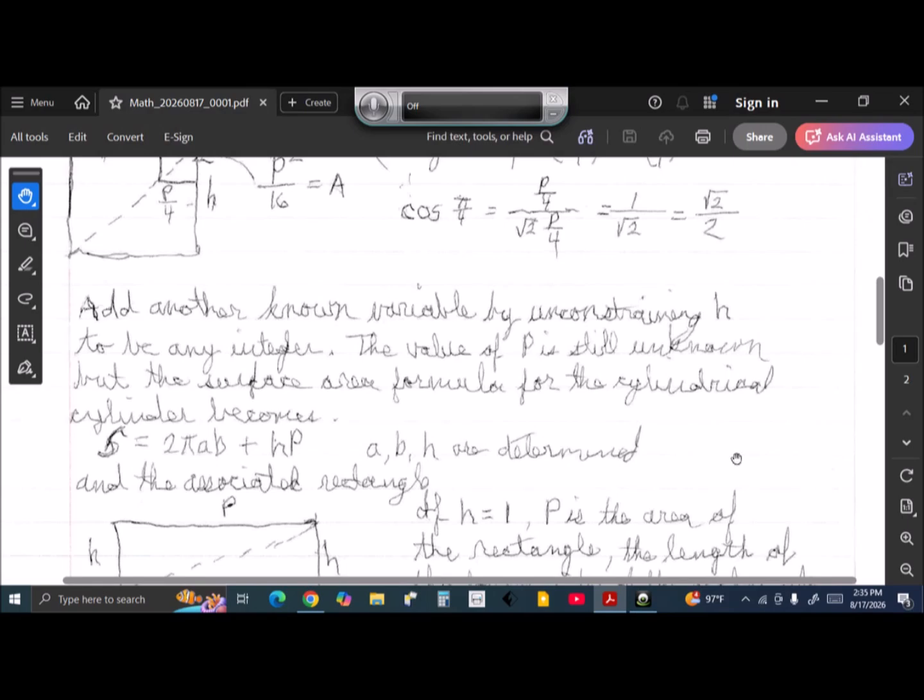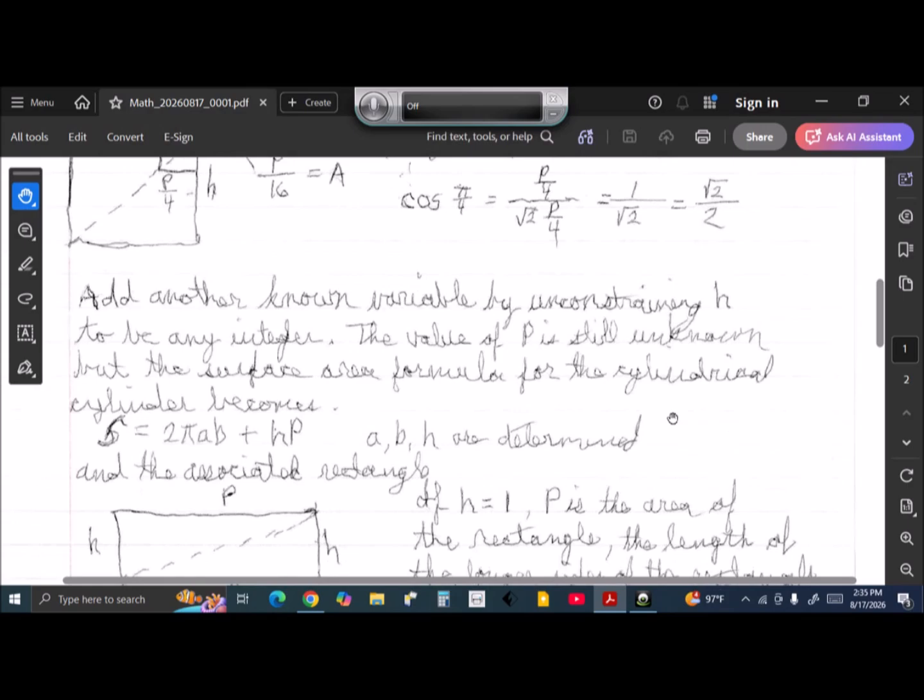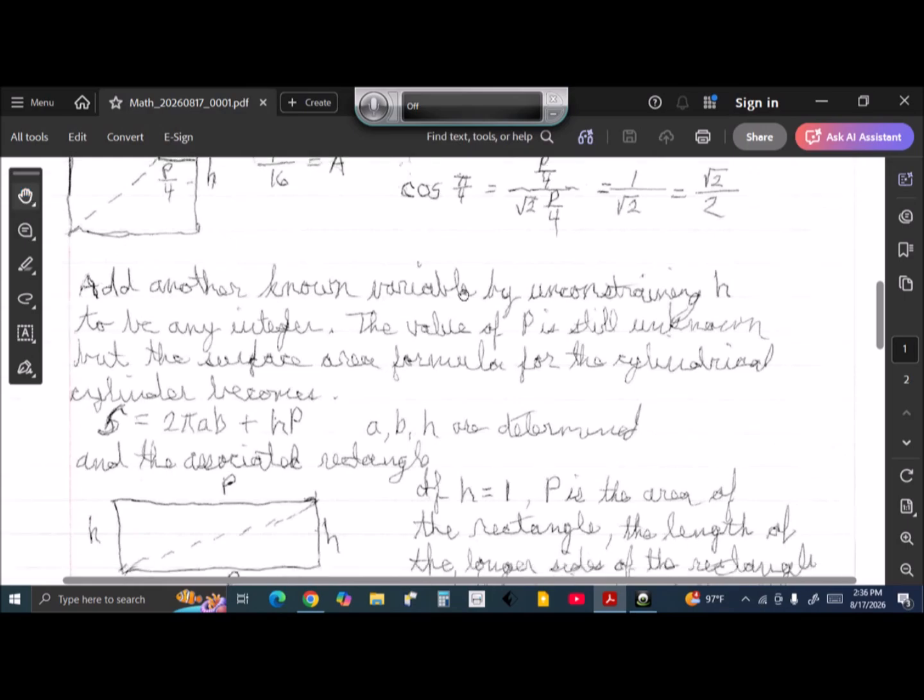We can set H to practically any number, an arbitrary value, and then see if we can find P. So the next experiment was to set H equal to 1.